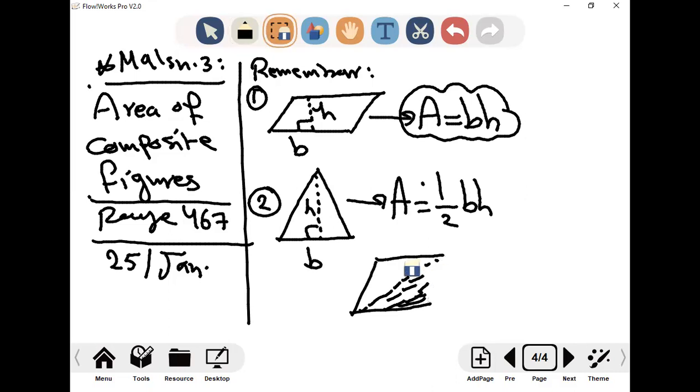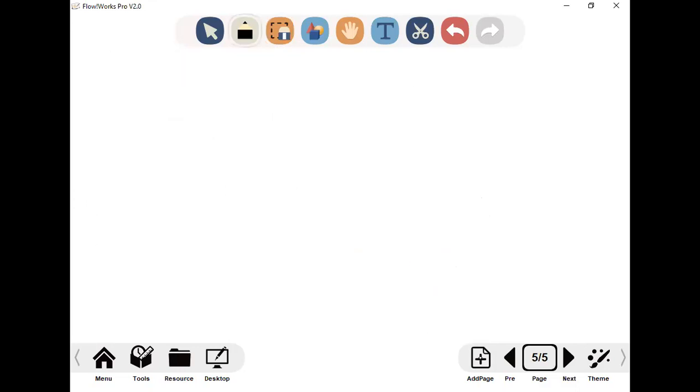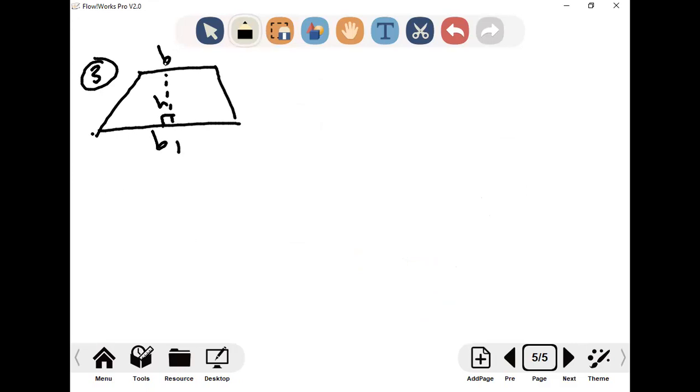Fine. Next, what do we have? Trapezoid. Number 3, we have a trapezoid. This is the height, and this is B1, and this is B2. It has 2 bases, right? The area of the trapezoid equals half B1 plus B2 multiplied by height.